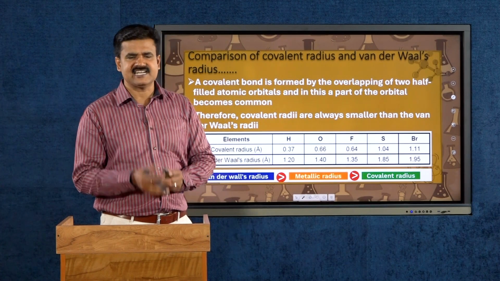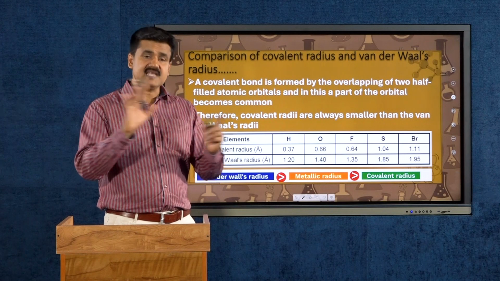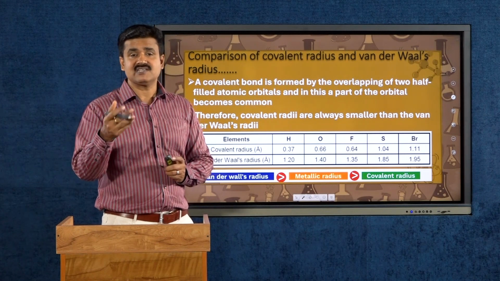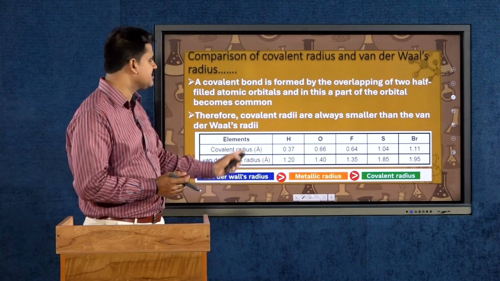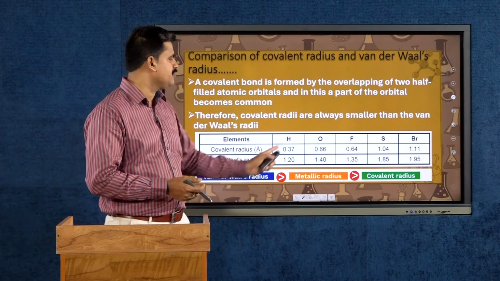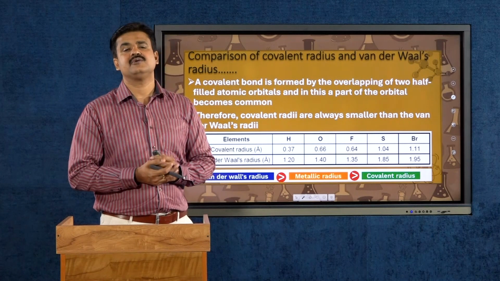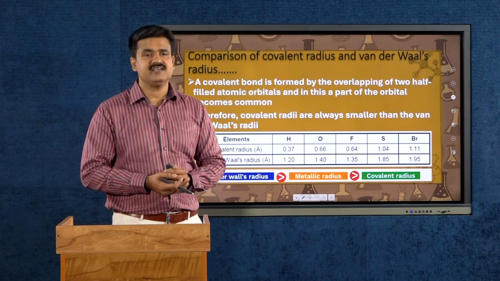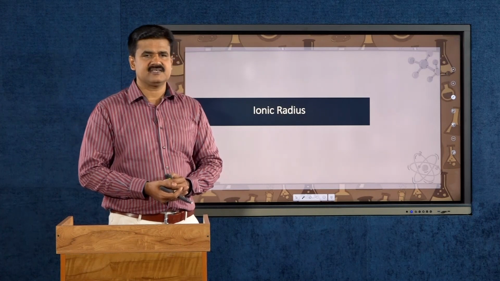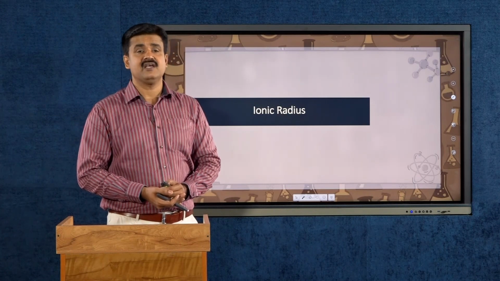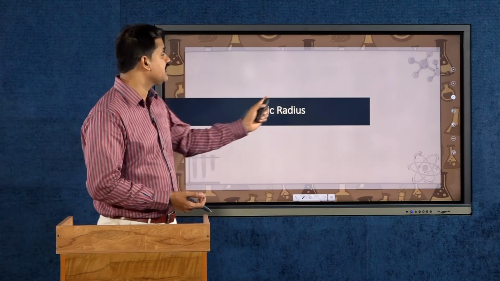So, in general, if you are considering all three kinds of radii, that is van der Waals, metallic and covalent radii, the biggest value is associated with the van der Waals radius. After that, metallic radius, and the least value is associated with the covalent radius. Now we are considering another aspect, that is the size of an ion governed by ionic radius.